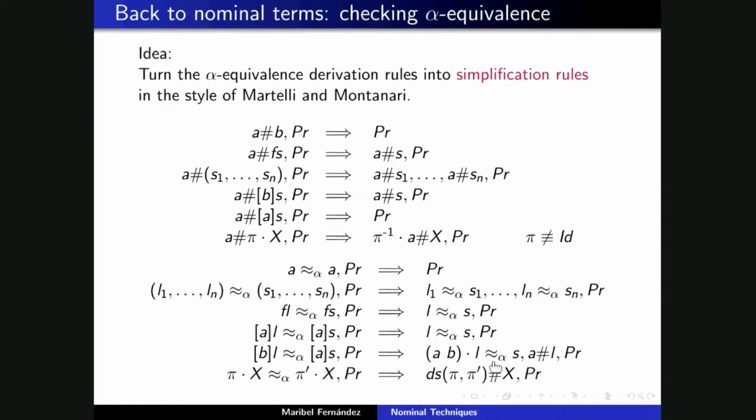This is a notation to say apply the swapping (A B) to the term L. So here we need to think a little bit, because if each time we apply this rule we apply this swapping to L, there will be a cost, because to apply the swapping to L, we need to traverse the term L, finding any occurrences of A or B in the tree to swap them.